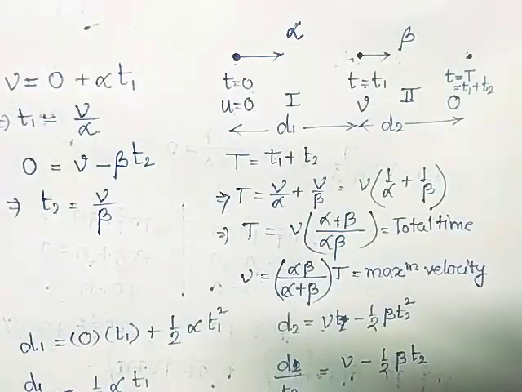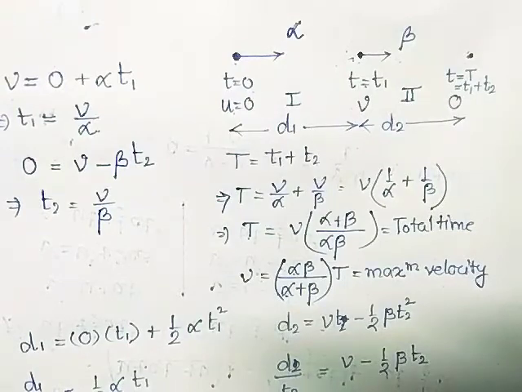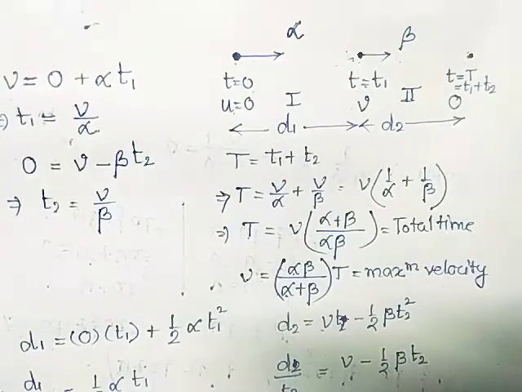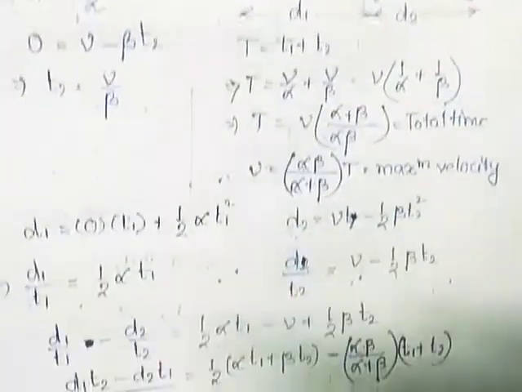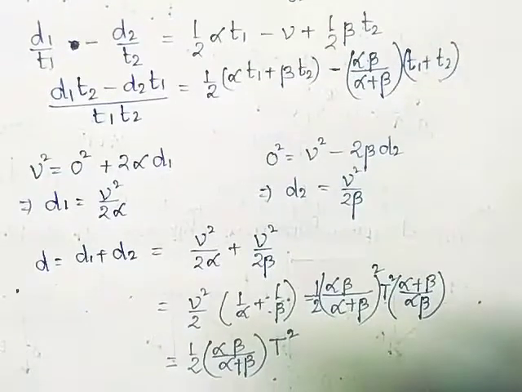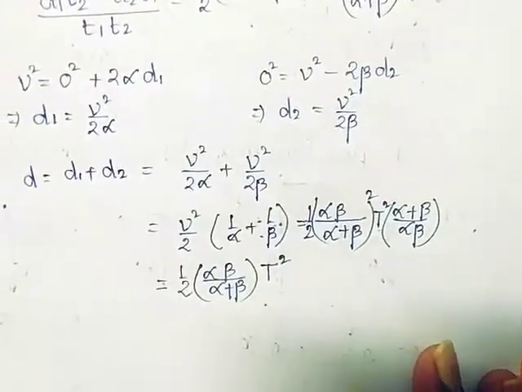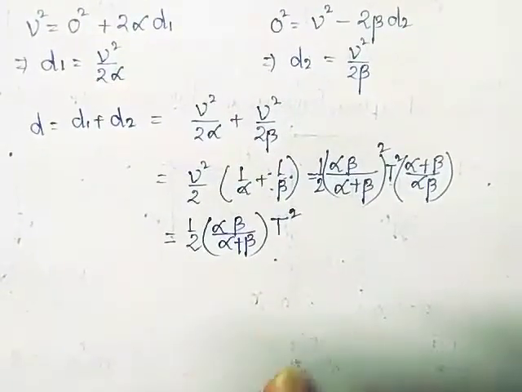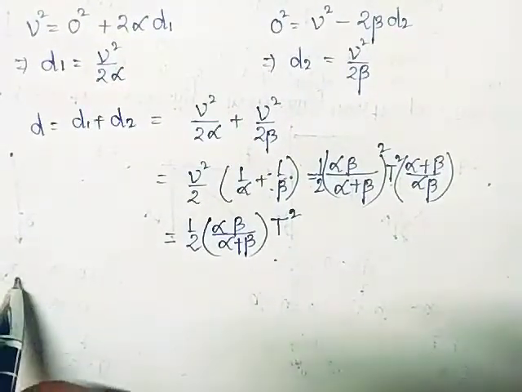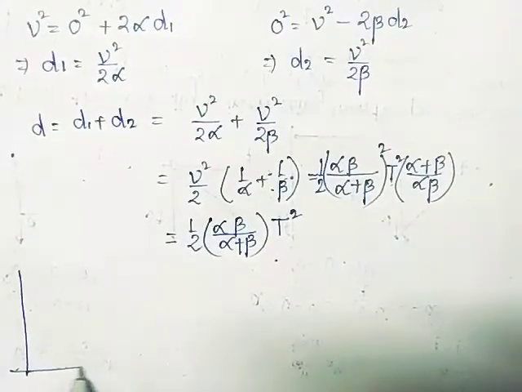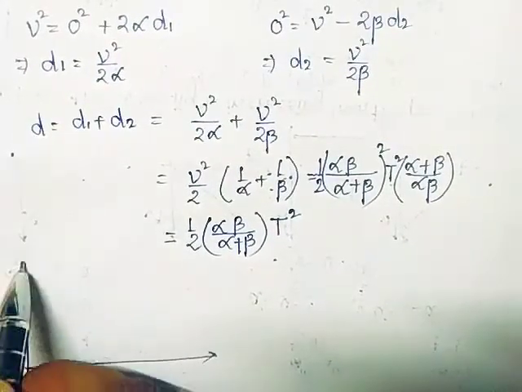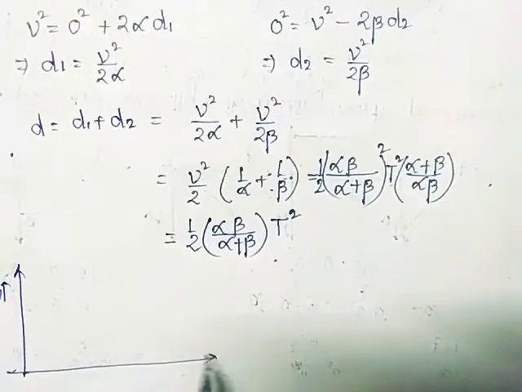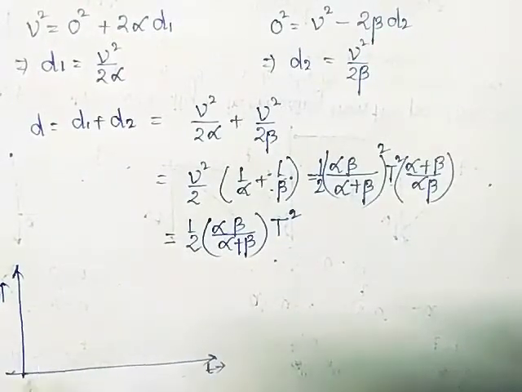Do you ever think that if I want to draw the graph of this, how it will look like? Because we have done the graphical analysis. When I calculated displacement, I calculated it from the velocity versus time graph. If I draw the velocity versus time graph, how will it look like?